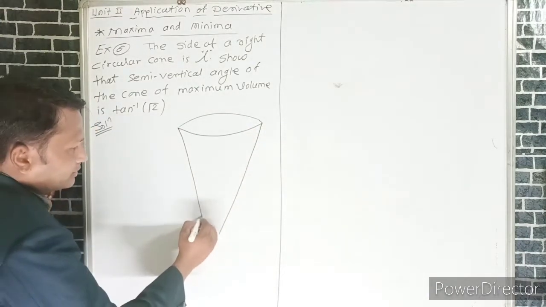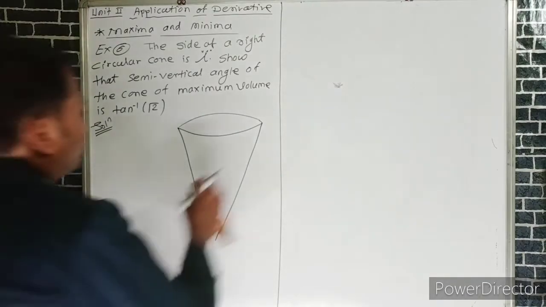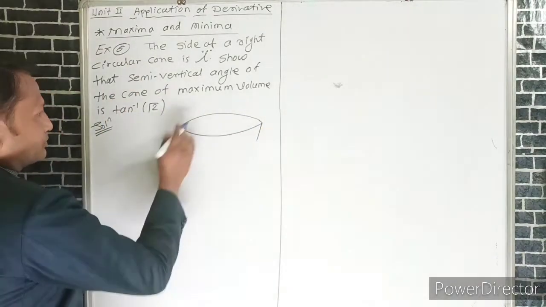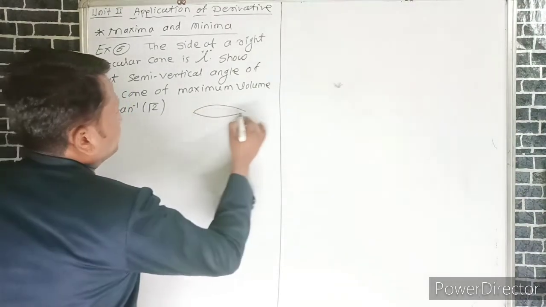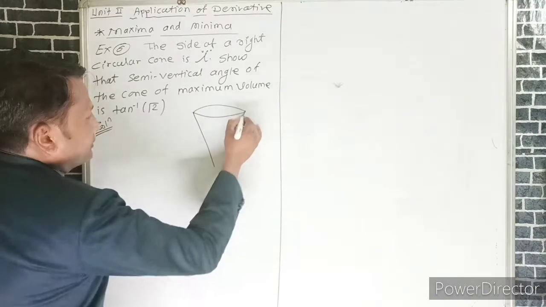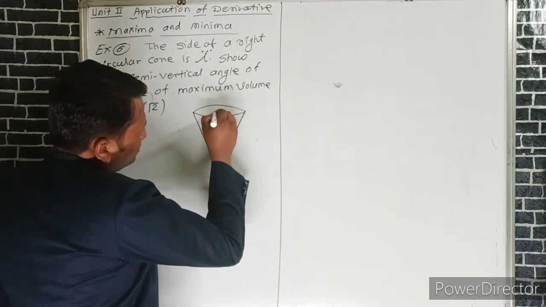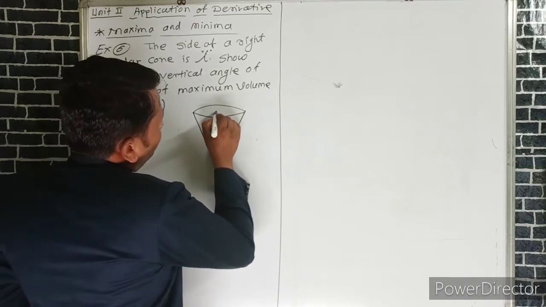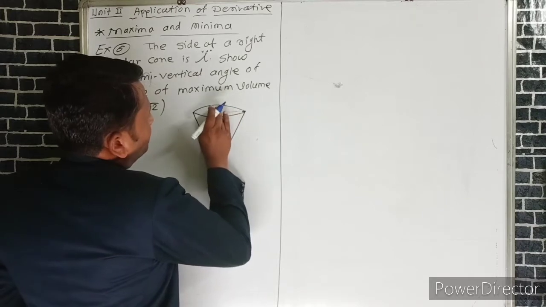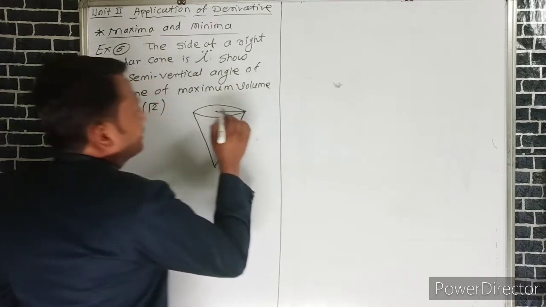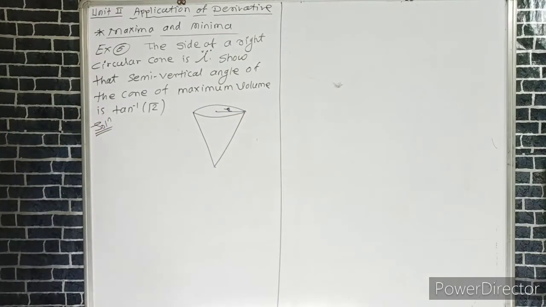It is clear that if we consider this figure as a circular cone, with the center of the circular base and the distance from the center denoted by small r, let r be the radius.